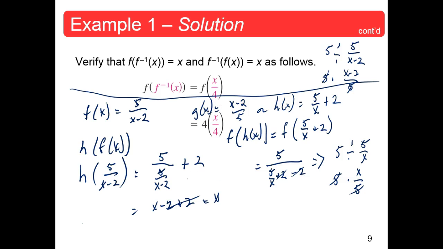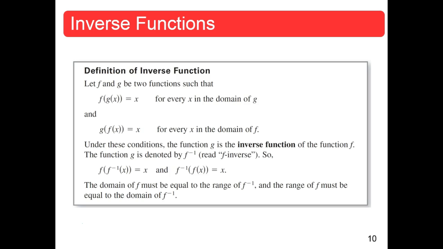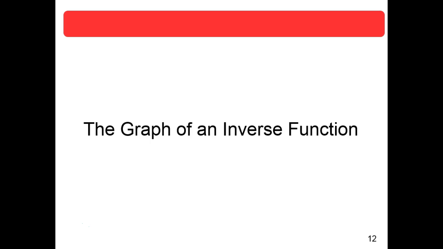If you remember that earlier example we did right at the very beginning, it started with the ordered pairs. If you think a little further back, you remember that the way you get the inverse function is just reversing the ordered pairs.